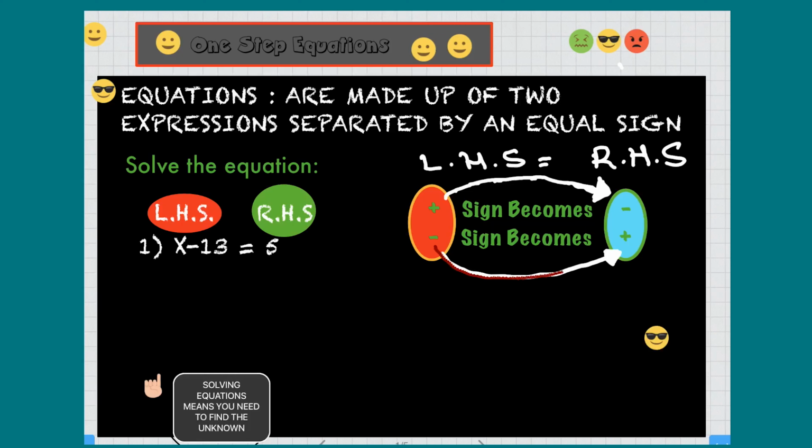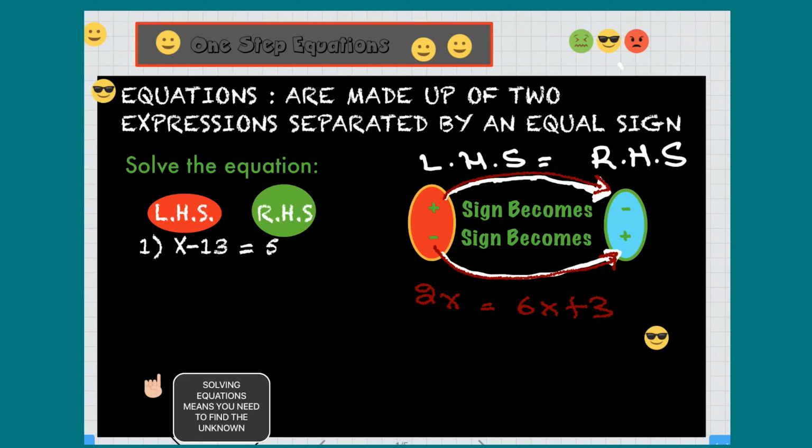First, I'm going to tell you an easier method which you're going to need for the remaining topics as well. Whenever you take anything from the left side to the right side, if it has a positive sign, then it will become negative. Let's say, for instance, we have the equation 2x equals 6x plus 3.